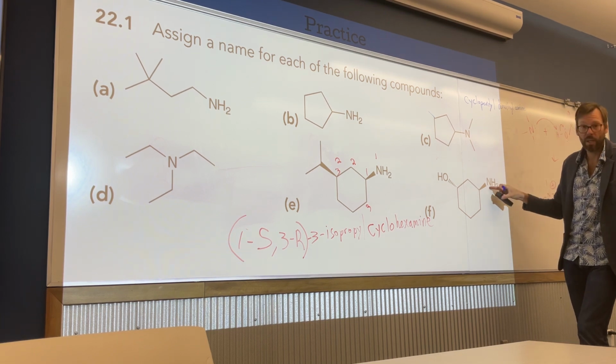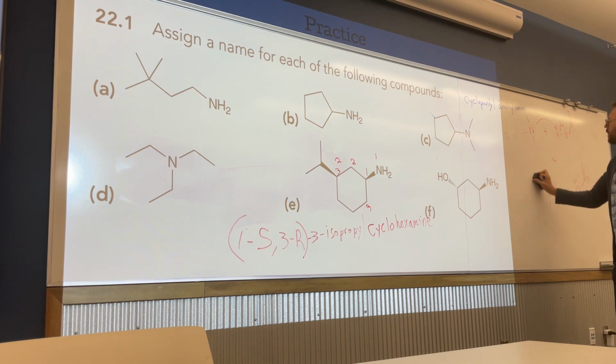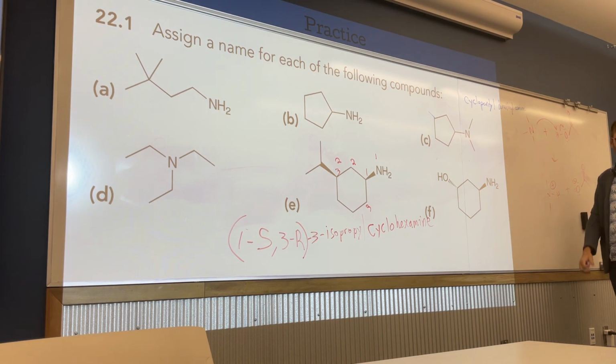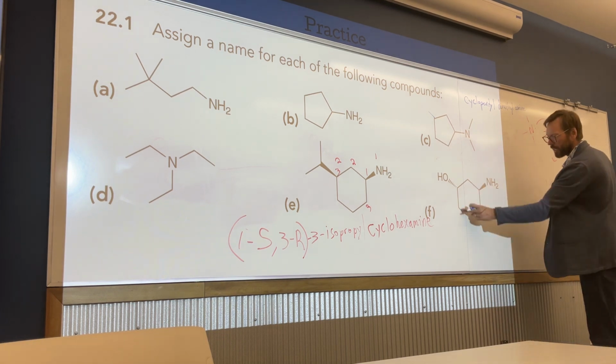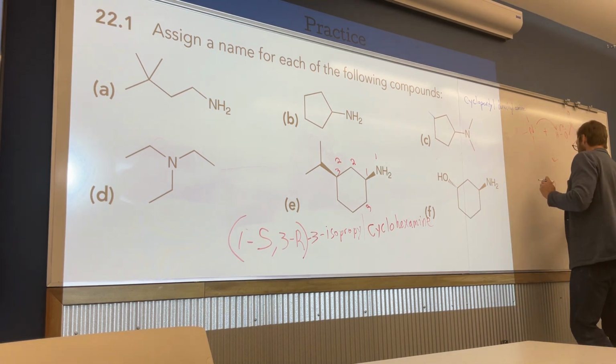And you said F. Okay. So stereochemistry, and we have the battle of two substituents. Well, which one's going to get the name? The parent, the alcohol. So there are 6 carbons, so this is going to be cyclohexanol.